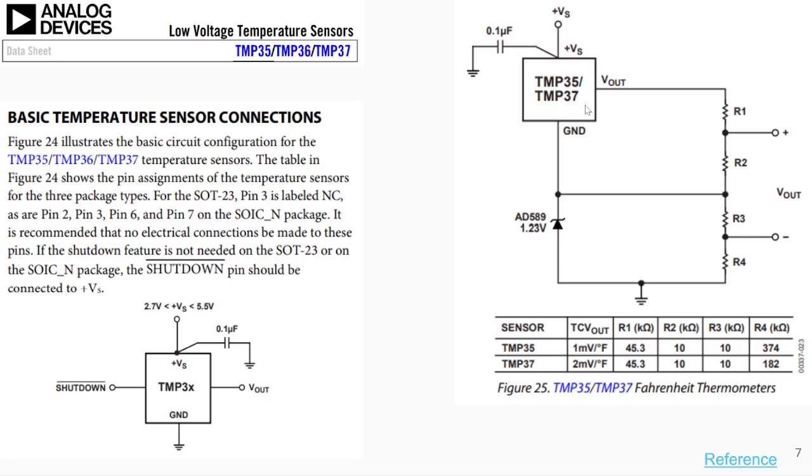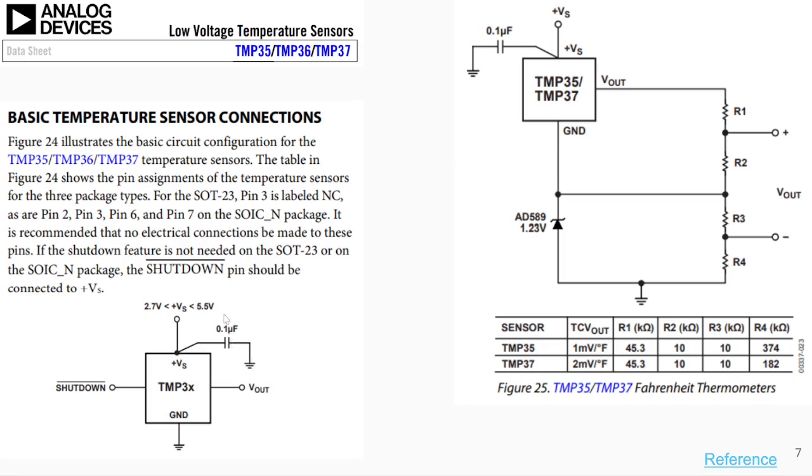So let's carry on. Again, from within the datasheet, this is a reference circuit showing how you can use this IC if you simply want the temperature in degrees Celsius. You can simply use a decoupling capacitor of 0.1 microfarad. We already talked about it.